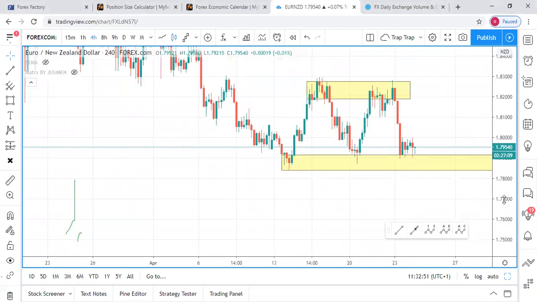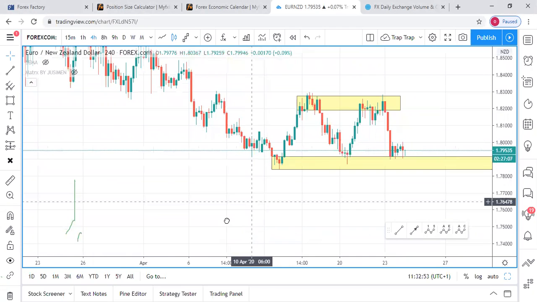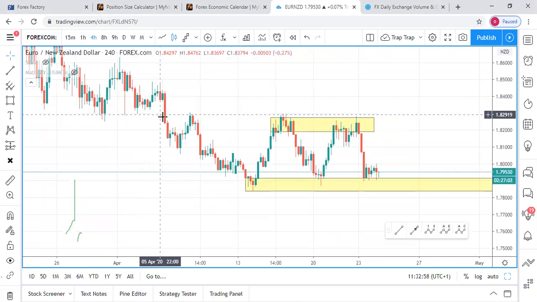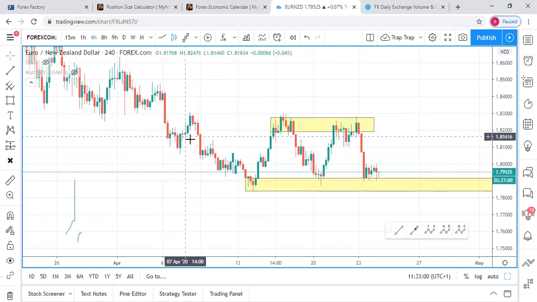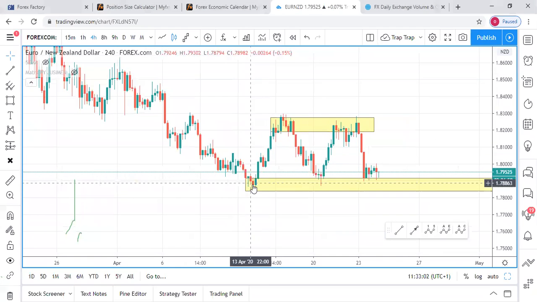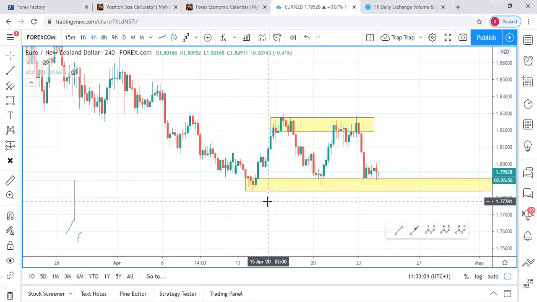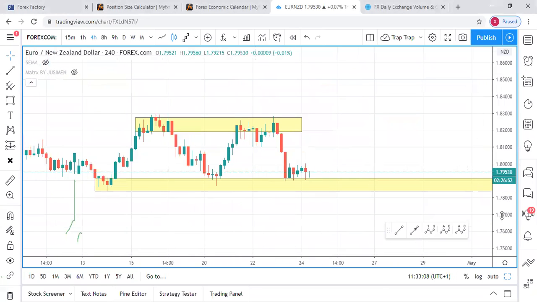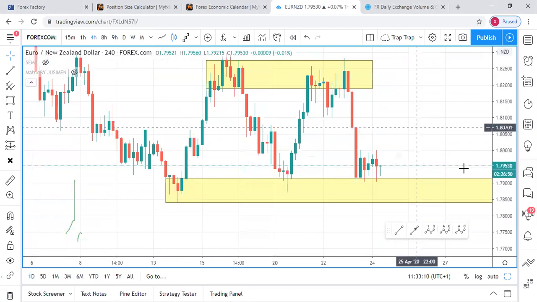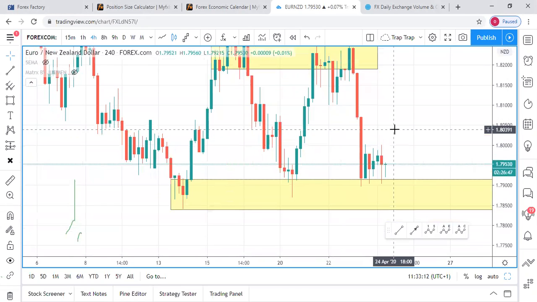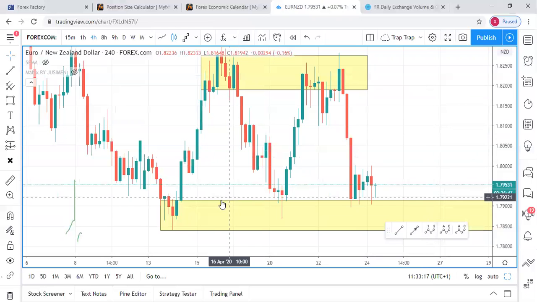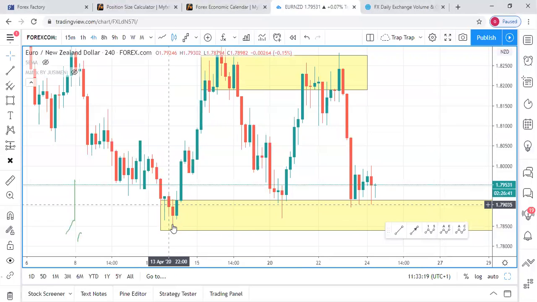All the while it was dropping, dropping, dropping. Then it came here, and you saw a bullish engulfing candle. Let me magnify it again so that you can see clearly. You guys are going to do some assignments and send your screenshot to me to be very sure that you're grabbing this. It's not all theoretical.